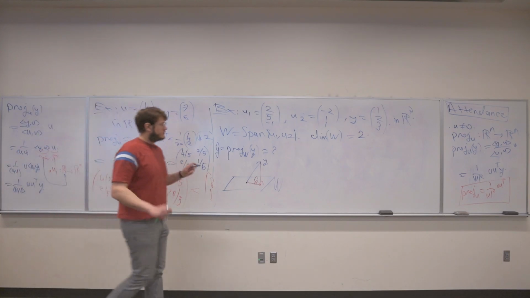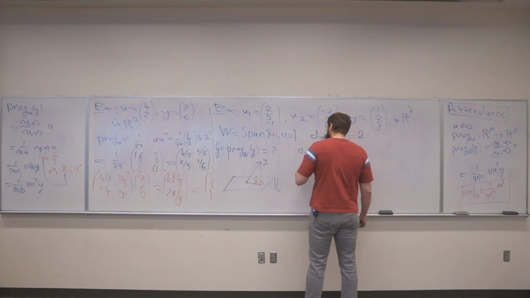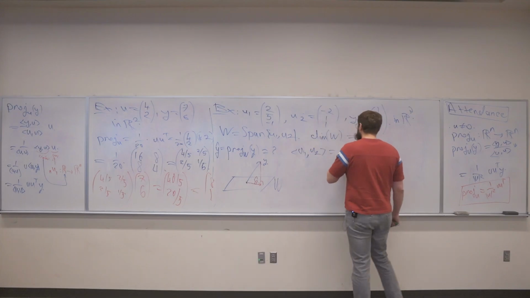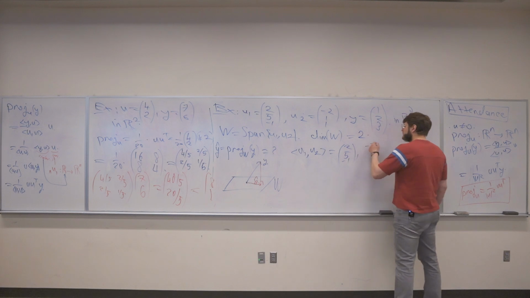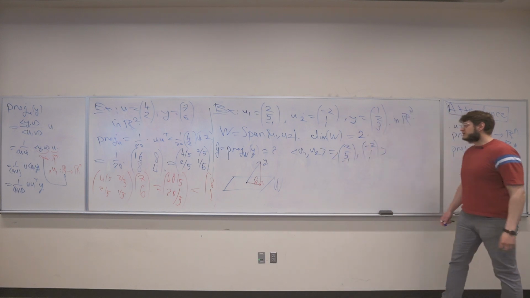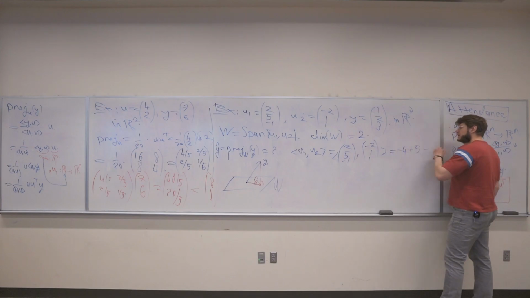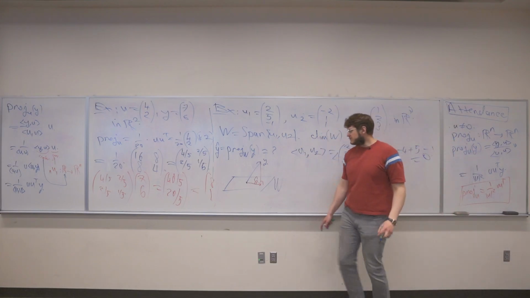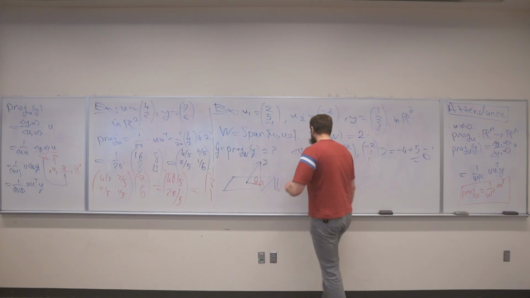That's very nice. So u1 against u2 is 2, 5, -1 dotted with -2, 1, 1. So that's -4 plus 5 minus 1, that's 0. So the vectors that span W are perpendicular.